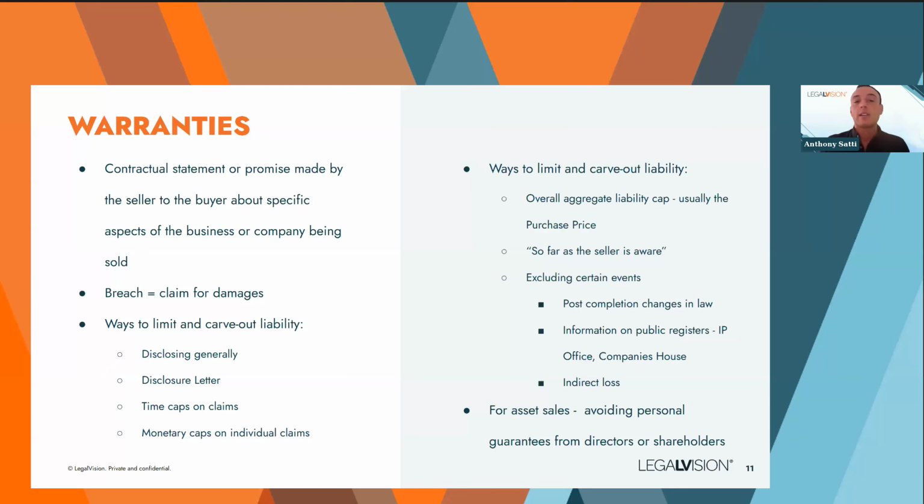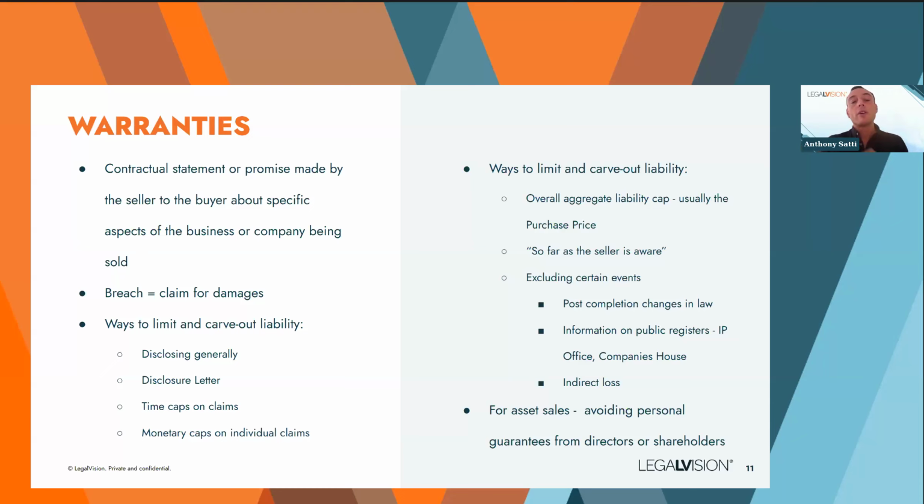It'll cover things like whether there is litigation, pending litigation or historical litigation. It'll also cover your intellectual property. Does it breach anybody else's IP? Have there been claims of other people breaching your IP?